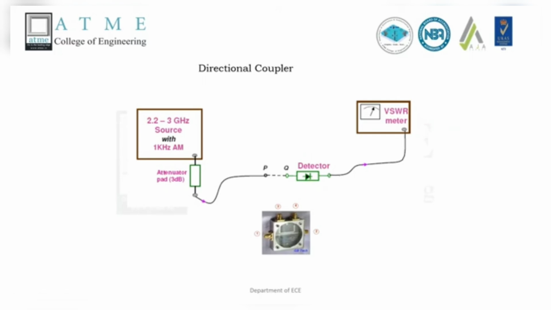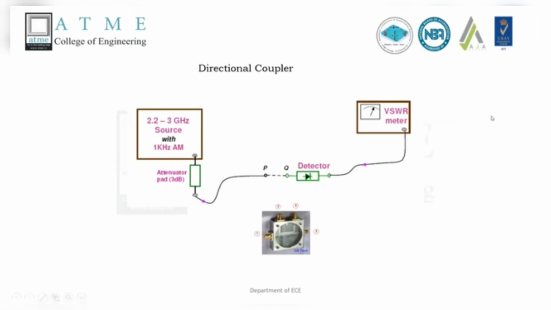The signal generator with a source of 2.2 to 3 gigahertz with 1 kilohertz amplitude modulation has to be connected to one end of the cable P and Q, and we have to set the frequency of this source to 2.3 gigahertz and increase the RF power output of the source till the VSWR meter shows a reading in the range of 45 dB.